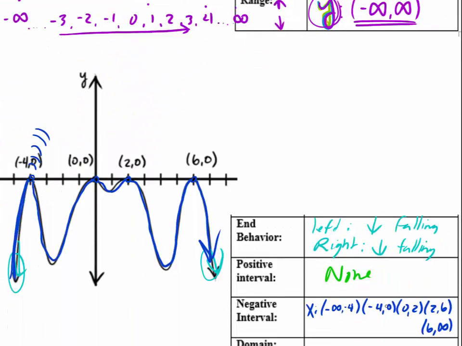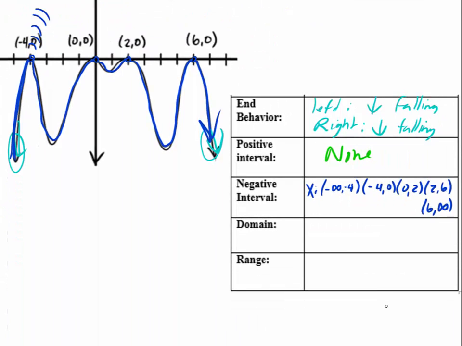All right, domain. This one's going to be interesting. So the domain, the x values that I'm using, I need to look left and right, so this direction and this direction.